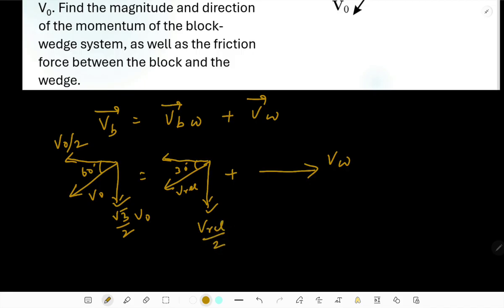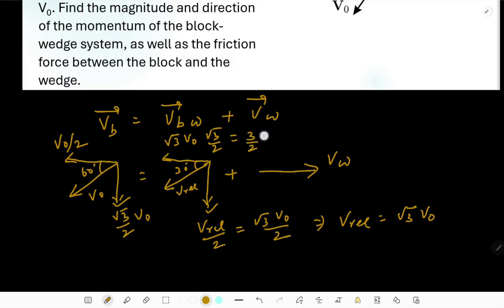That means v relative upon 2 is equal to root 3 v naught by 2, so v relative is equal to root 3 v naught. That means this component is root 3 v naught multiplied by cos 30 degrees, that is root 3 by 2, so its value becomes 3 by 2 v naught.